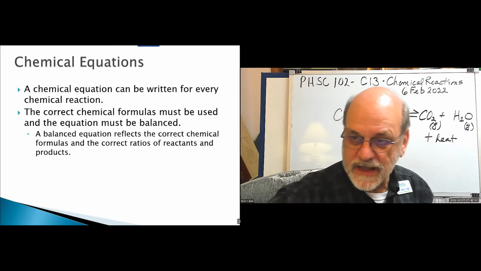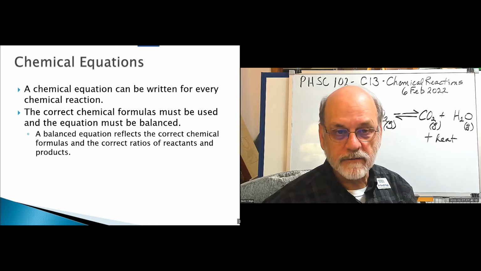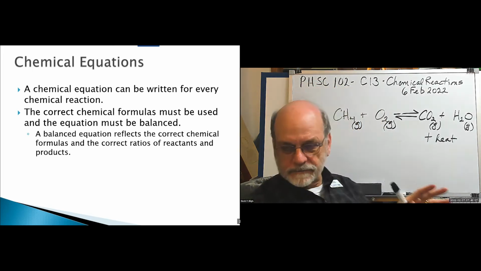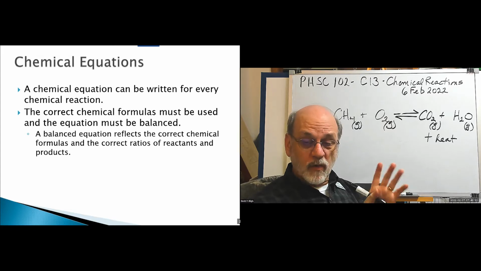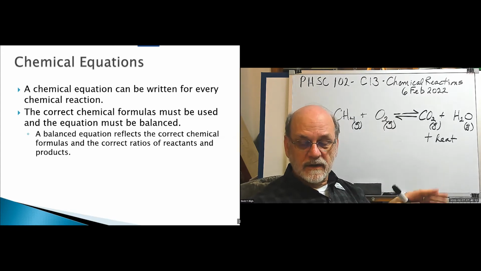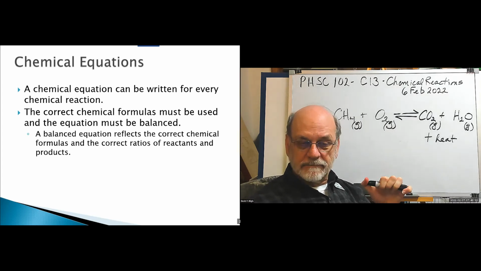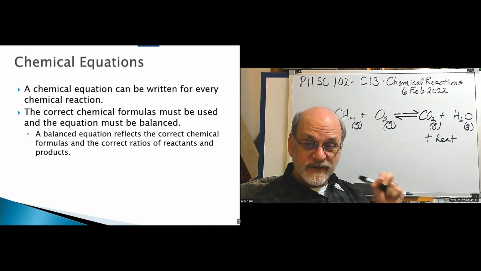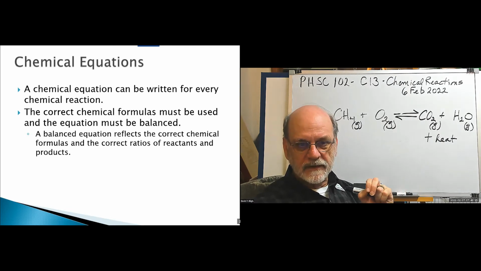A chemical equation can be written for any reaction. Sometimes it's difficult to tell what the products are and what the reactants were in very complex situations. But sometimes you can even predict what the products will be.